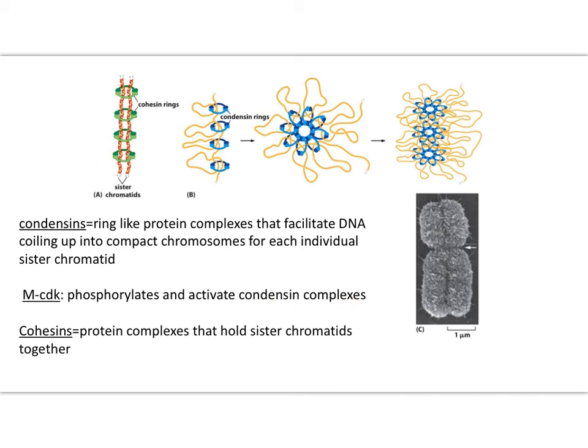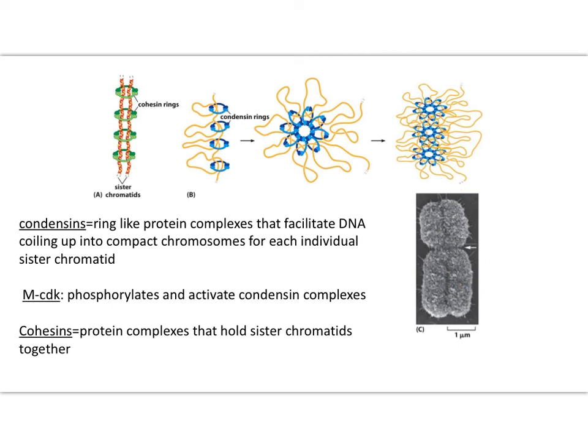Condensin complexes are shown up here, these blue circles, and they take the DNA and make some loops in it and start to make this kind of star-shaped structure. As all of these stars stack on top of each other, instead of just a big mess of DNA, we start to get an ordered structure which starts to look like this, where we have one chromosome here, and then we have its duplicated chromosome right here.